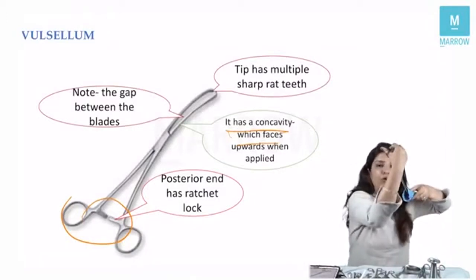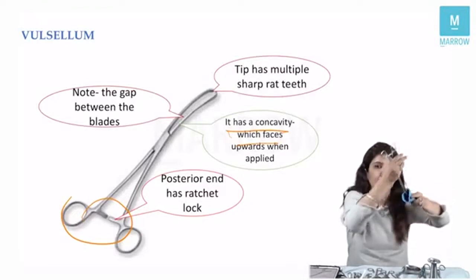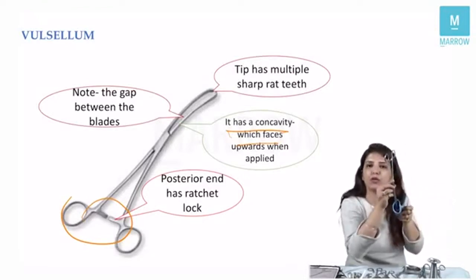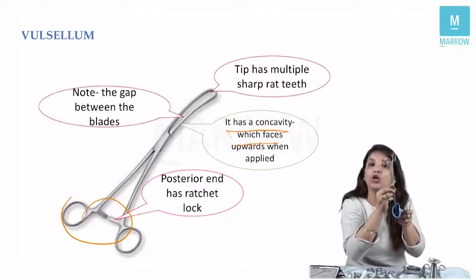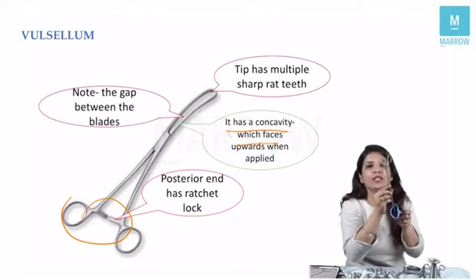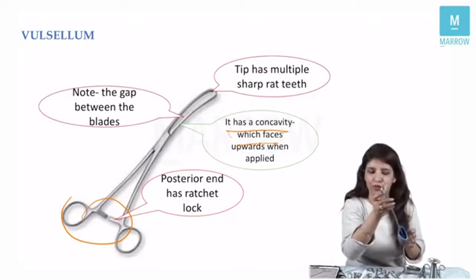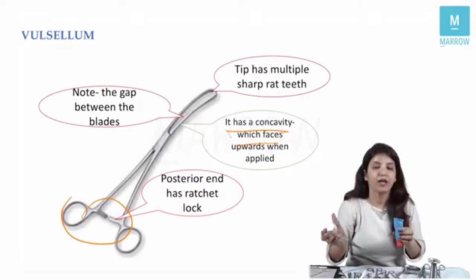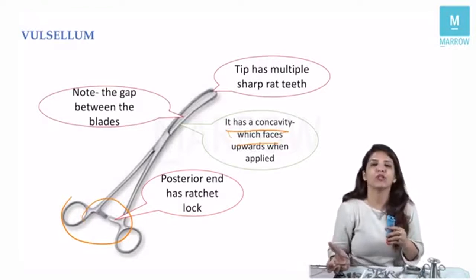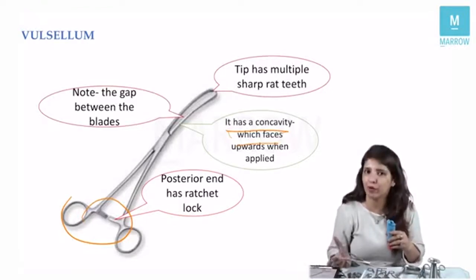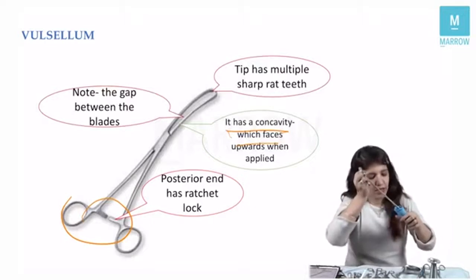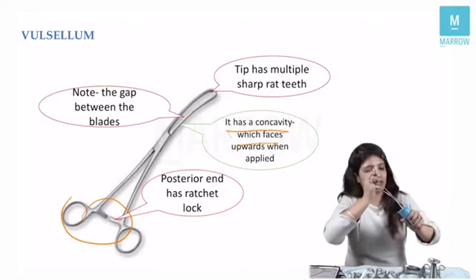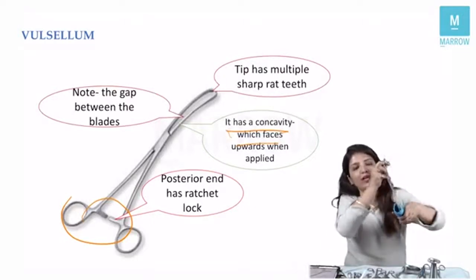anterior lip of the cervix. The anterior lip of the cervix will be held like this. Usually, we hold the anterior lip of the cervix, right? But a viva question could be: what are the conditions in which you have to hold the posterior lip of the cervix? Imagine, if I have to hold the posterior lip of the cervix, what am I targeting?